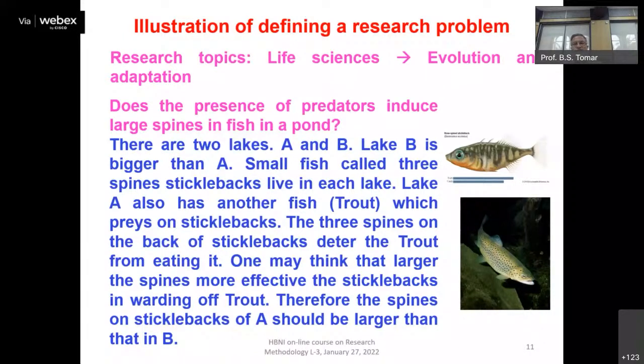So whether the spines of the stickleback in lake A, where there is a predator, are bigger than the spines in lake B or not. This kind of problem is a very interesting research problem to tackle and do a lot of analysis.